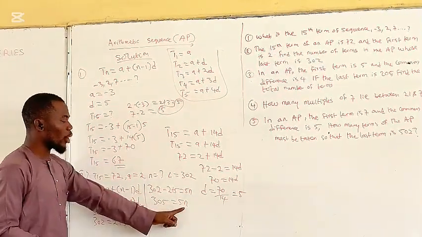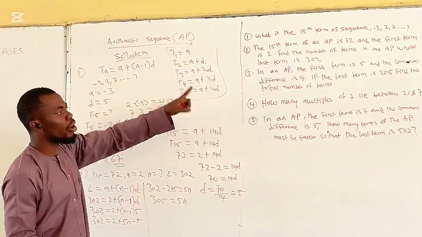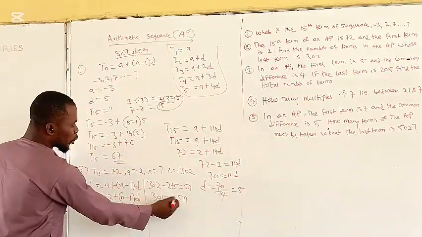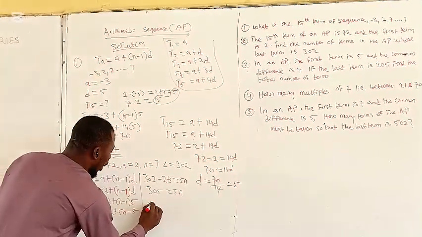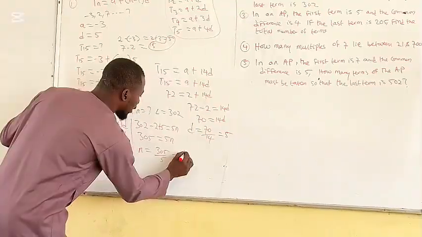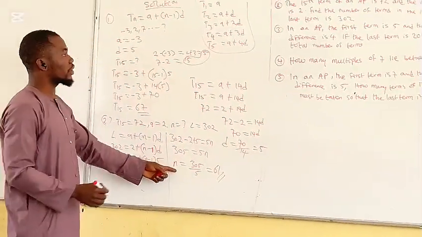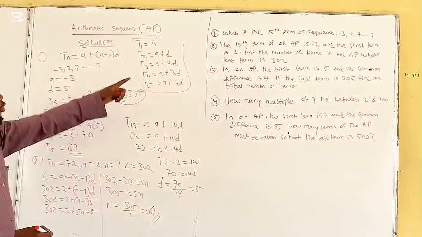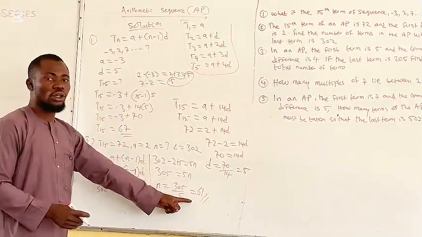From here, it is n we are looking for, because from the question, we need to find the number of terms. So we divide both sides by 5 to get n. Our n will be equal to 305 divided by 5 to give us 61. So the number of terms that we are looking for from that question is 61.